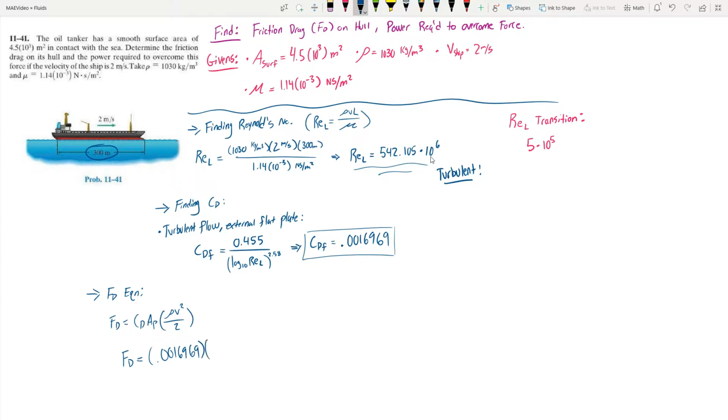Area projected is the surface area, so 4.5 times 10 to the third. Density is 1030. Velocity is 2. So if we solve that, we get that the drag force is 15.73 kilonewtons. Okay, so that's part 1 to this question.